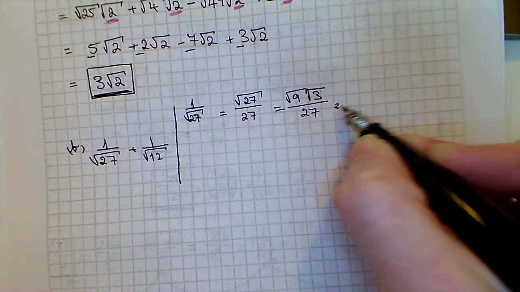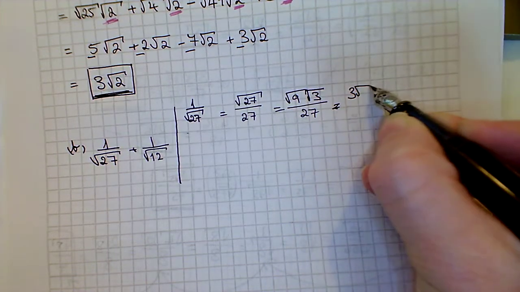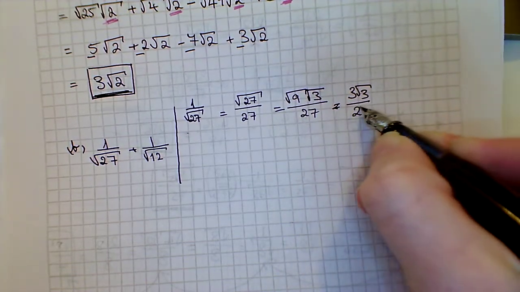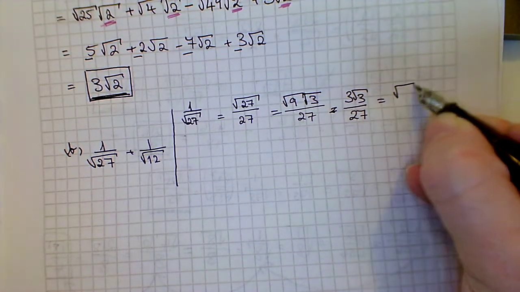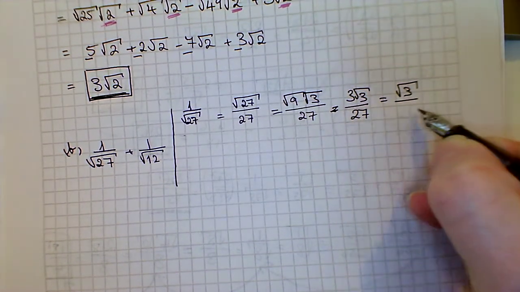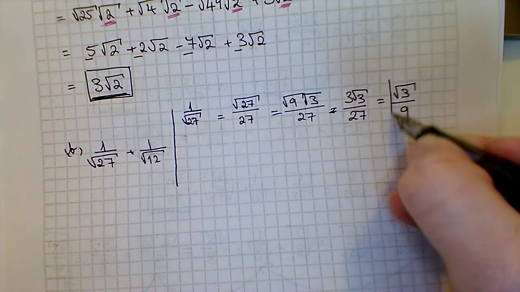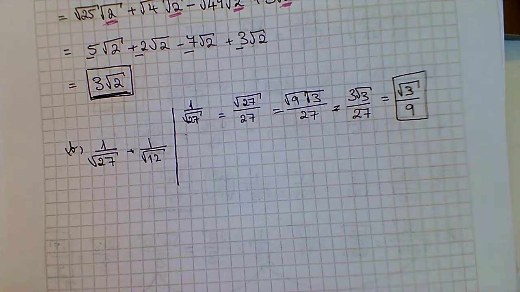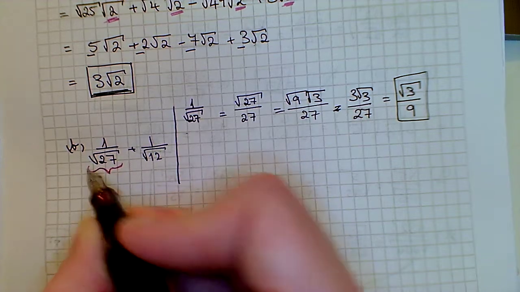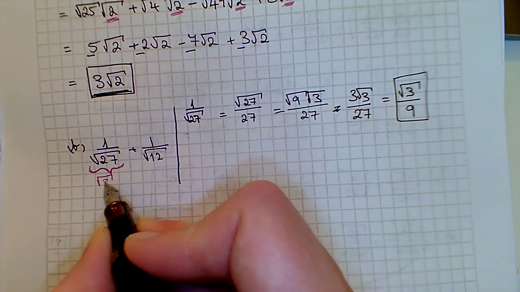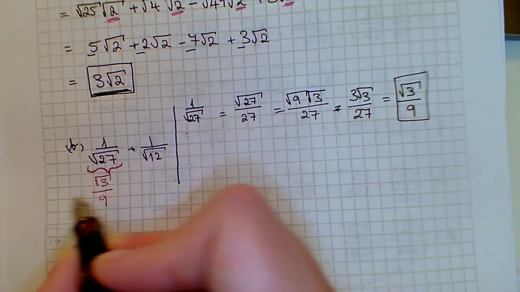So on the top we end up with 3 root 3 over 27, and 3 goes into 27, giving me the square root of 3 over 9. So the first part of my sum is actually the square root of 3 over 9.